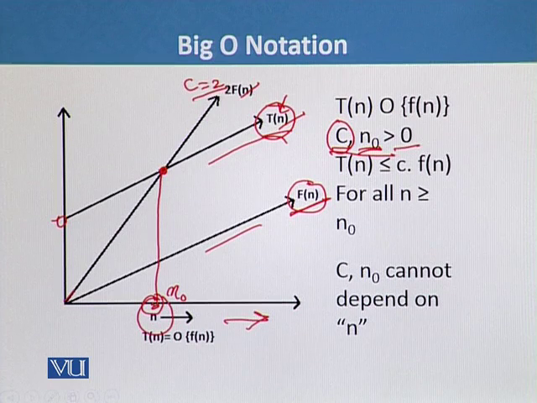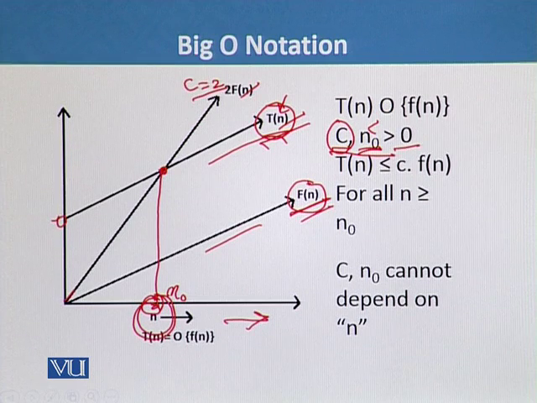Our opponent is then allowed to pick any number n larger than n naught. The function is big O of f(n) if we have a winning strategy in this game. If we can commit upfront to constants c and n naught so that no matter how big an n our opponent picks, this inequality holds, then it is big O of f(n). If we have no winning strategy, then it's not big O of f(n).